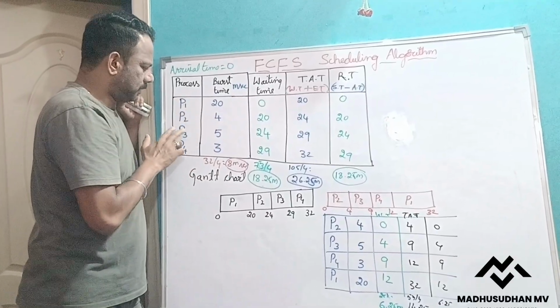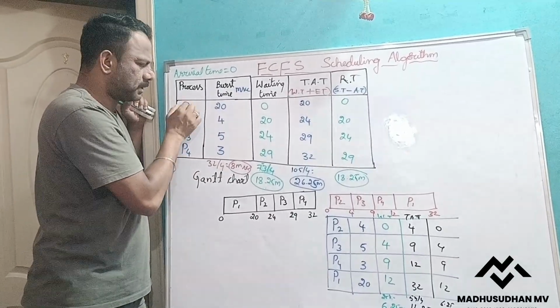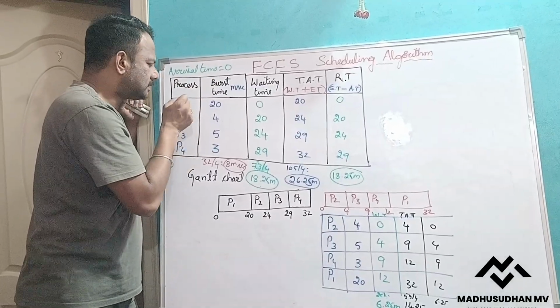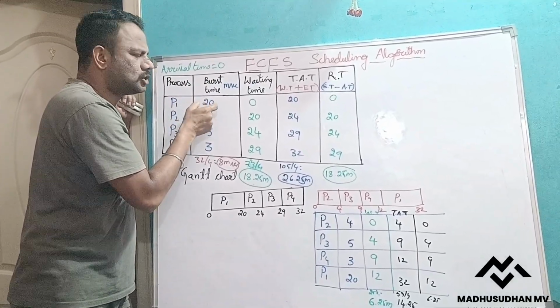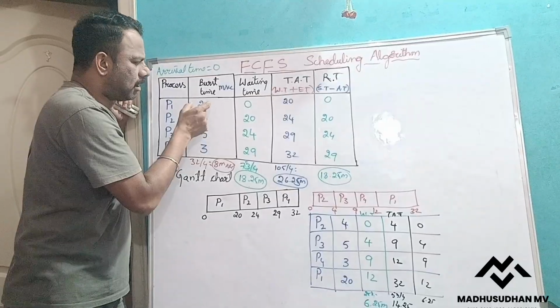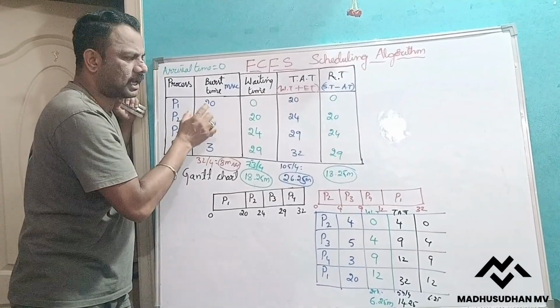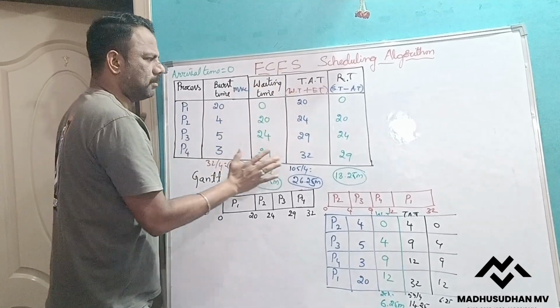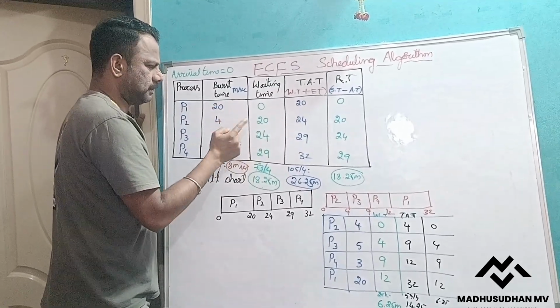Suppose these processes P1, P2, P3, P4 arrived at the same time in this order, and the first process consumes too much time. Then all the remaining processes have to wait for a long time. Just look at this table, we already saw it in the previous video.